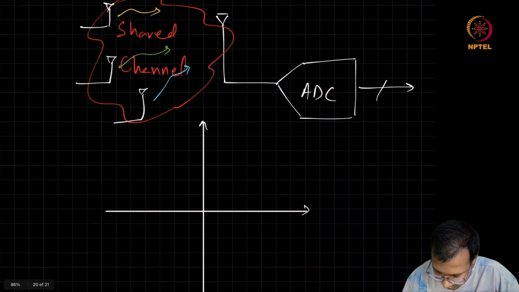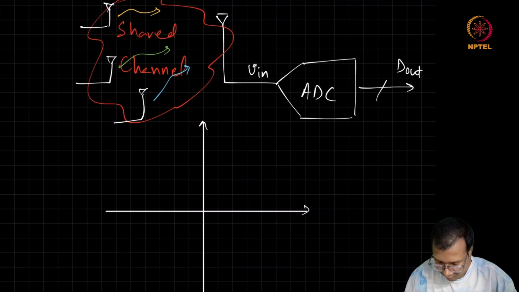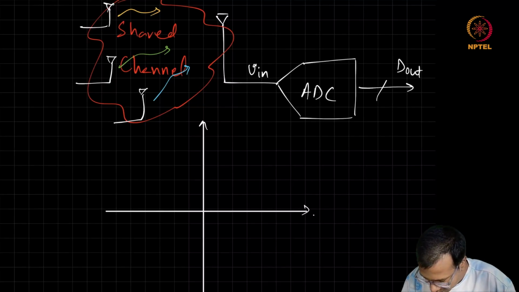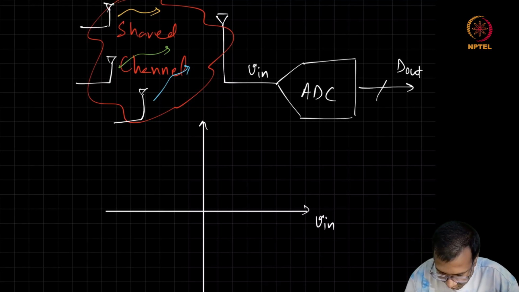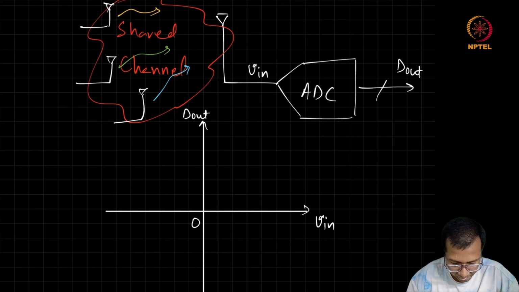Let's say this is your V in and this is your D out. On the x-axis, I will change the voltage, and on the y-axis, I will plot the equivalent digital code.